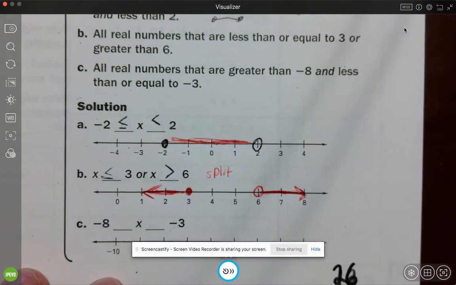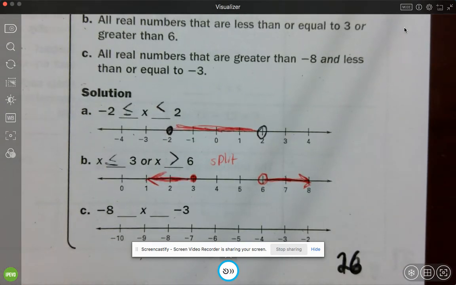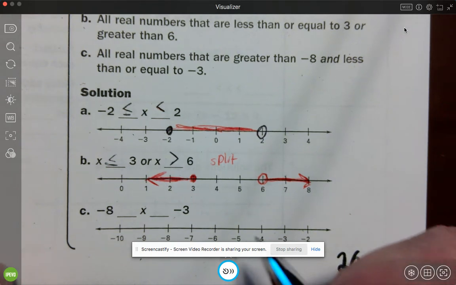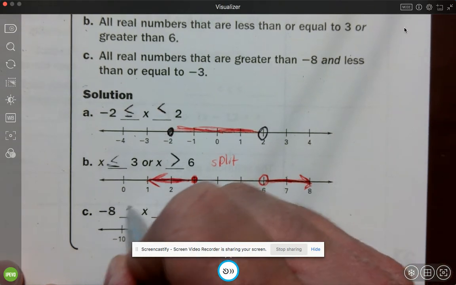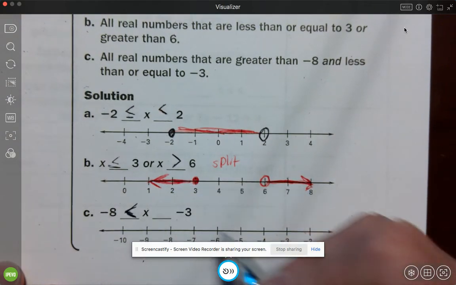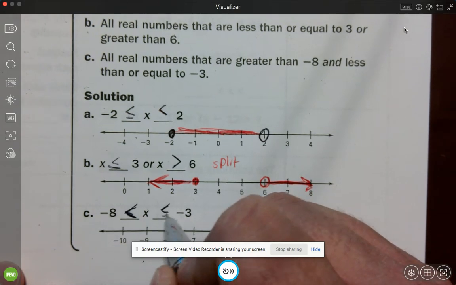Last one is all real numbers that are greater than -8 and less than or equal to -3. So now we're thinking barbell.